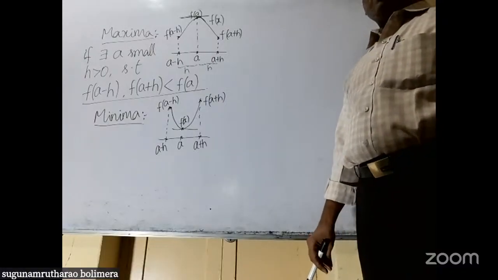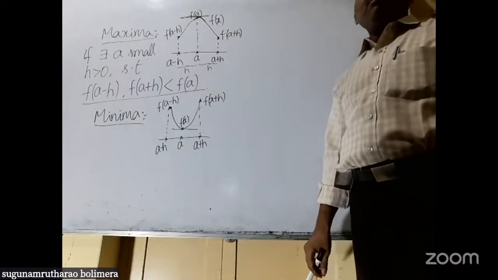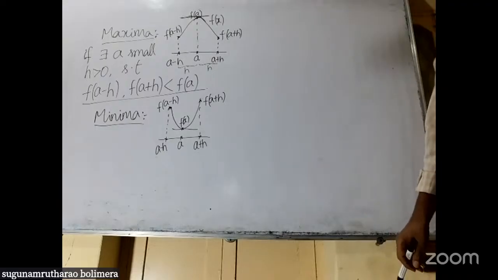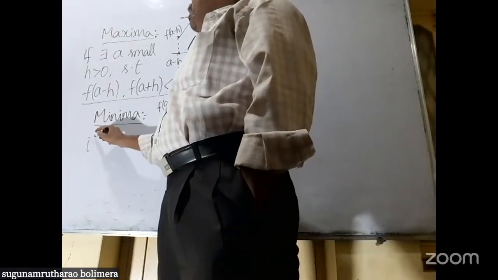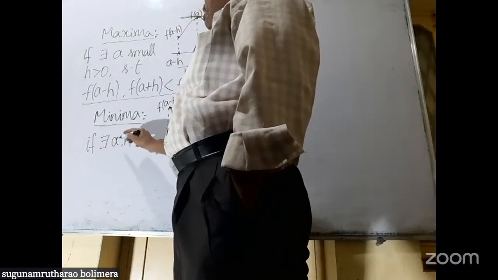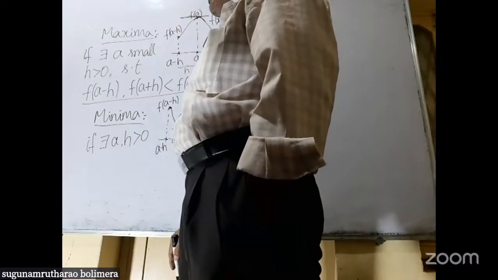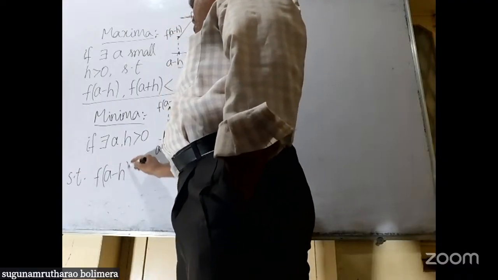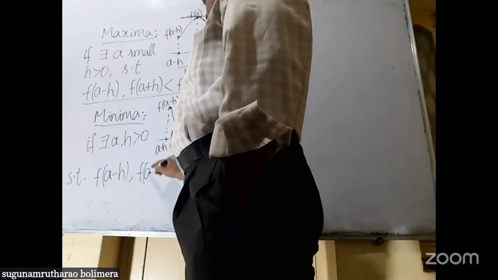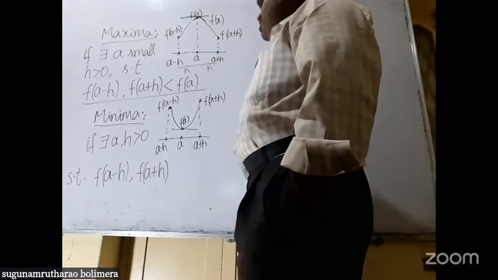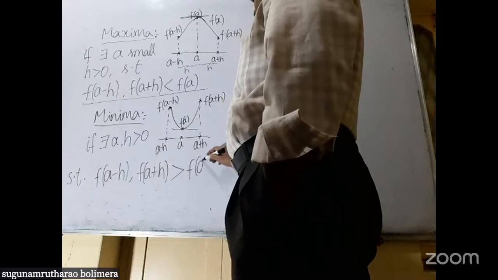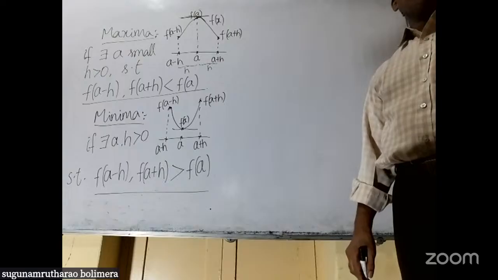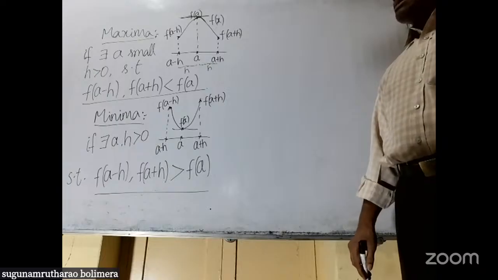Now, a function f of x attains minima at x equals a if there exists a small h greater than 0 such that f of a minus h and f of a plus h are greater than f of a.